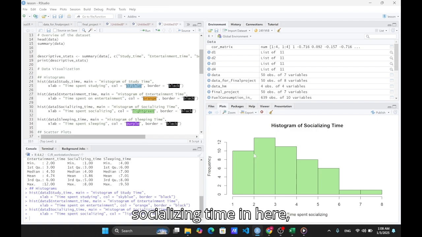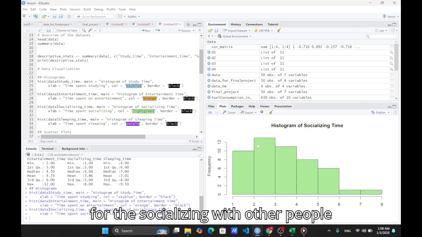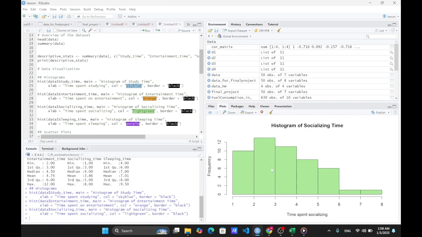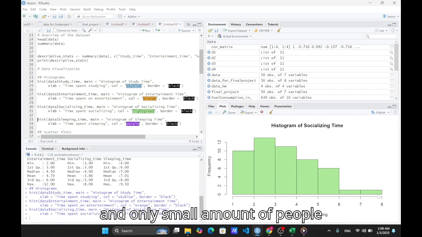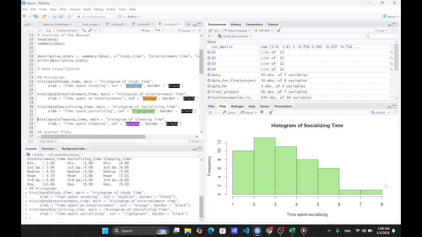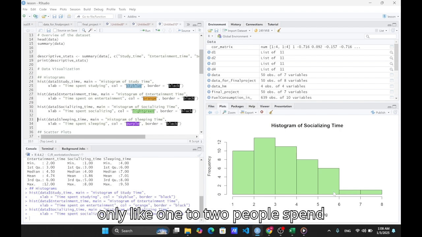People spend 2 to 3 hours socializing with other people, and only a small number of people, only 1 to 2 people, spend 6 to 8 hours socializing with other people.